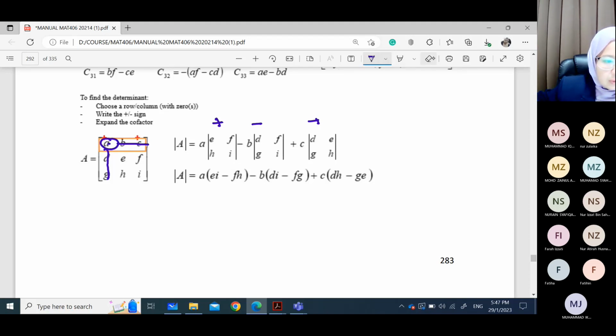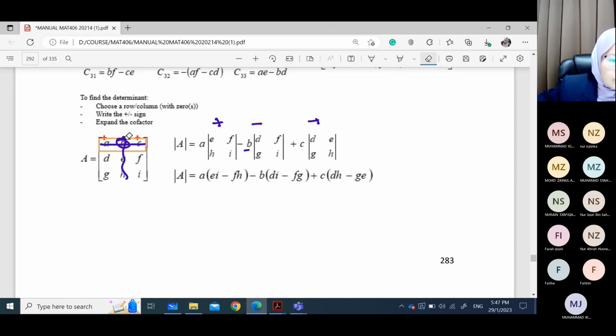Second factor, untuk second factor kita pergi kepada B. So bila kepada B kita faktorkan B and then we eliminate for the first row and the second column. So now we have this determinant which is DFGI. So we need to find this determinant. Okay.